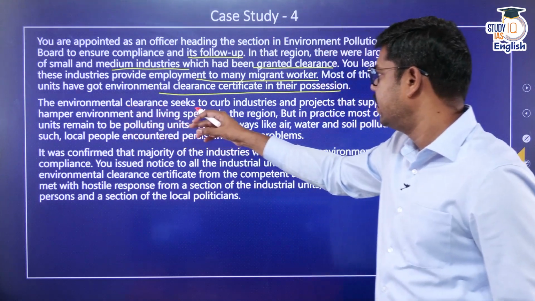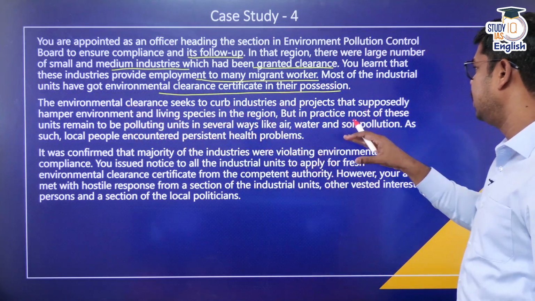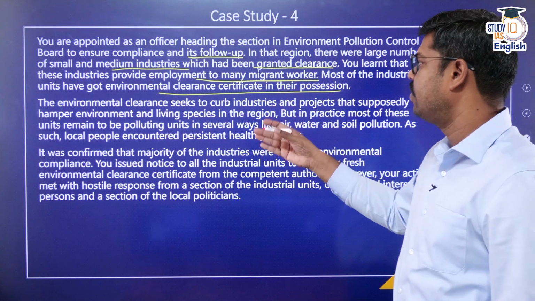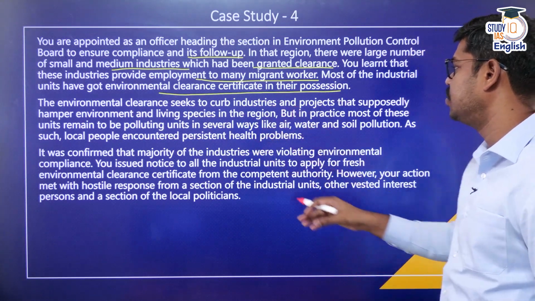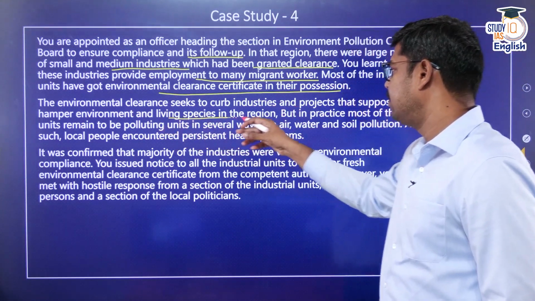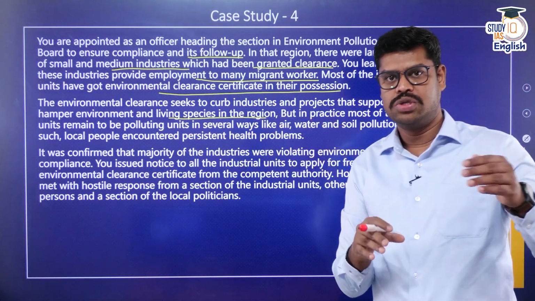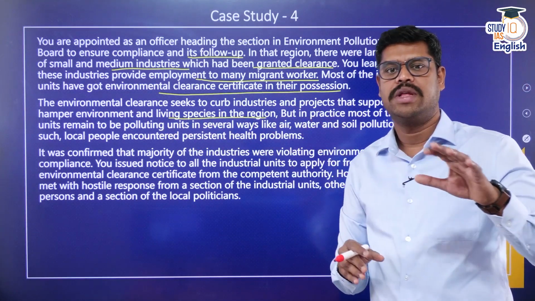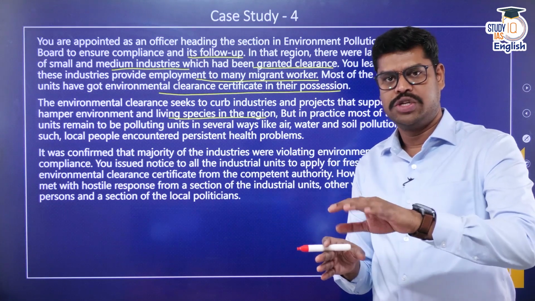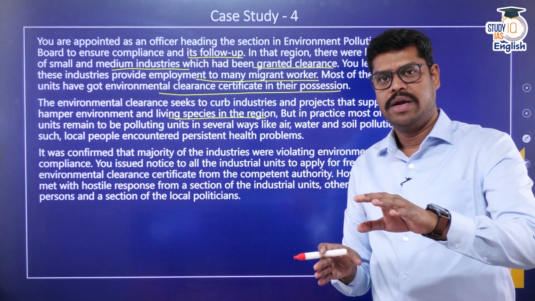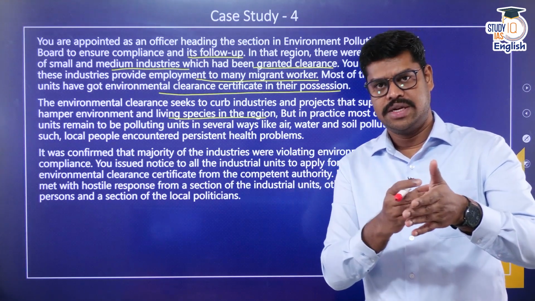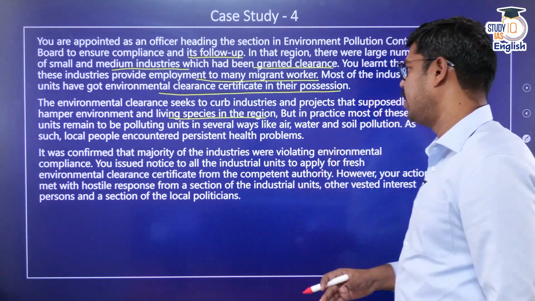The environmental clearances seek to curb the industries and projects that are supposed to hamper the environment and the living species in the region. So what is the purpose of these environmental clearances? They have to keep a check on those projects which may have an impact on the environment and the ecosystem, so they should not be allowed. Or it has to be modified appropriately in the sense that they do not degrade the environment.